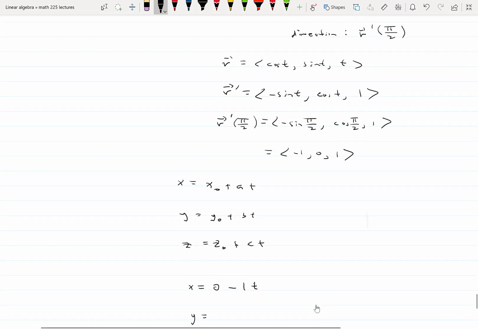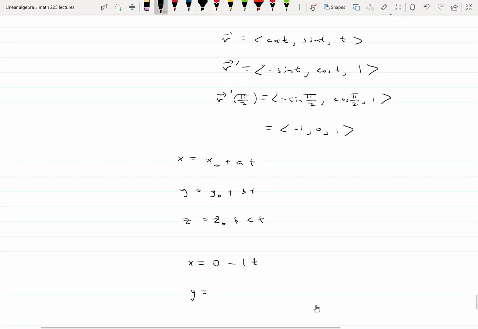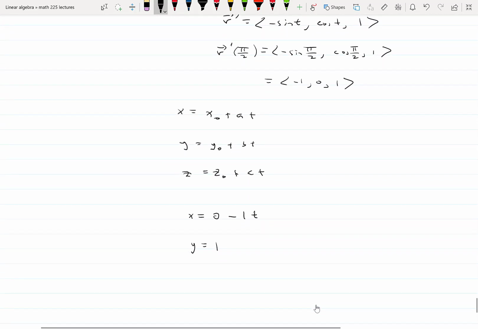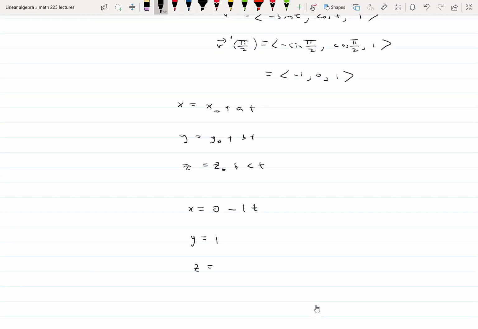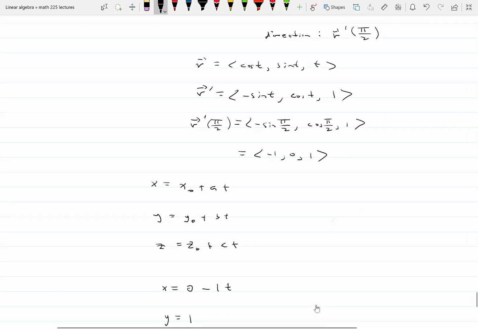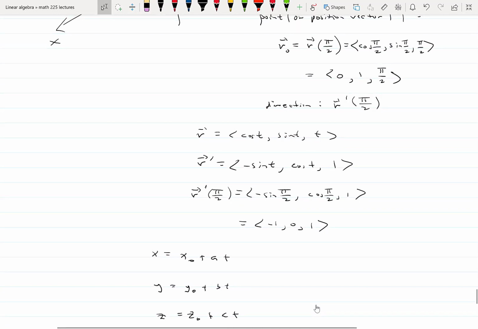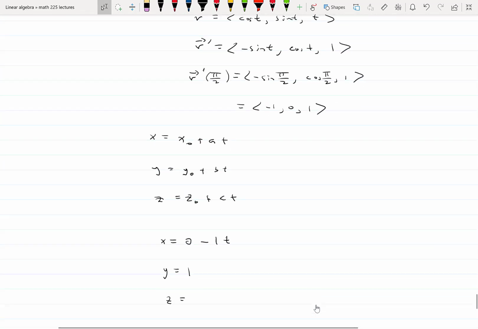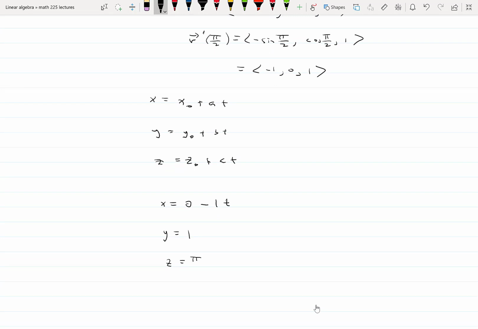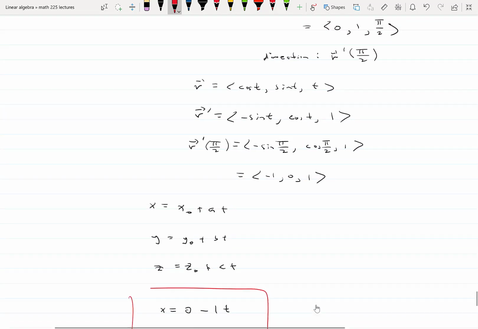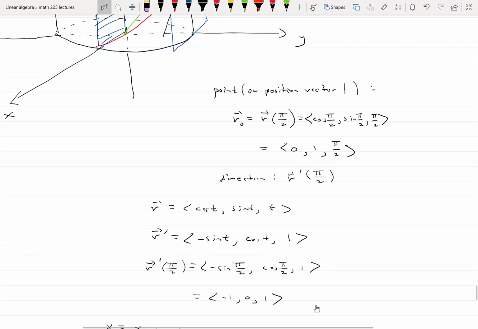Y equals the y component of my position vector, 1, plus the y component of my direction vector, 0, so y equals a constant 1. The z equation is the initial z value, pi over 2, plus the third component of my direction vector, 1, times t. So there they are. These are the parametric equations of that tangent line.